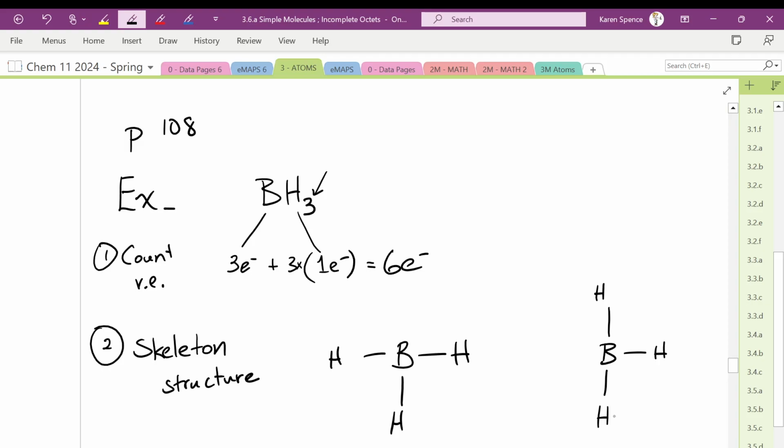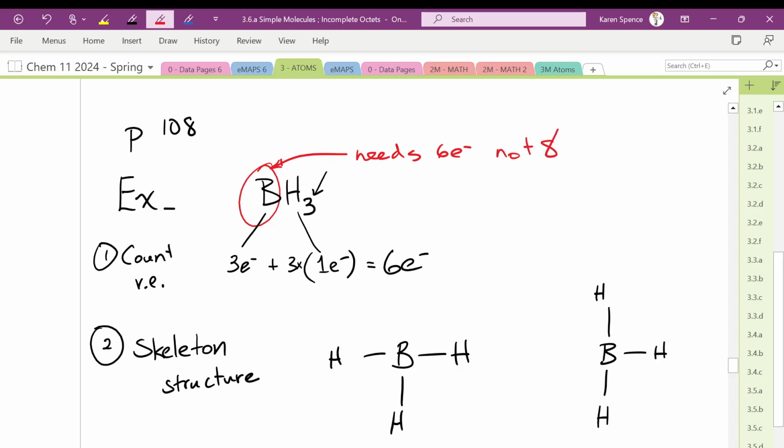Now, you have to notice something here. In your head there should be bells going off. We have B. And how many electrons does B need to have? It needs 6 electrons, not 8.